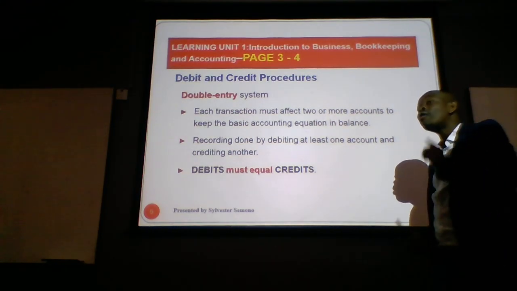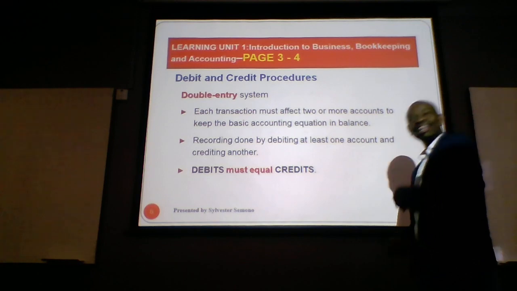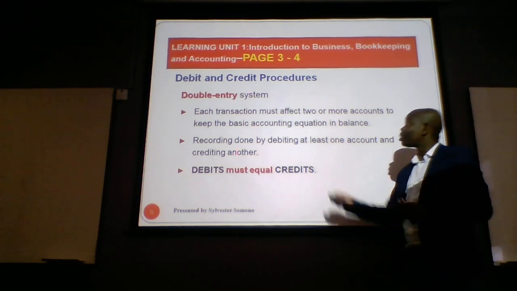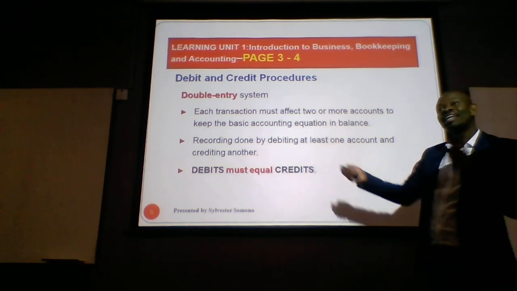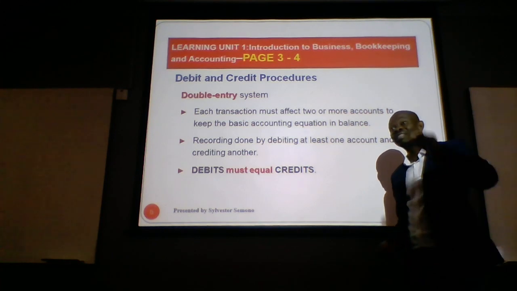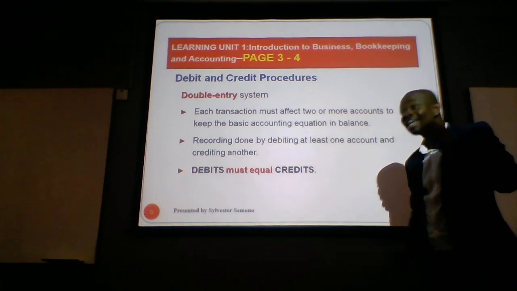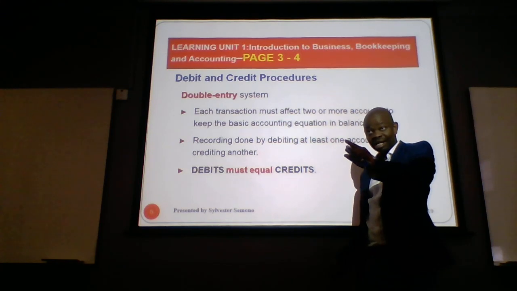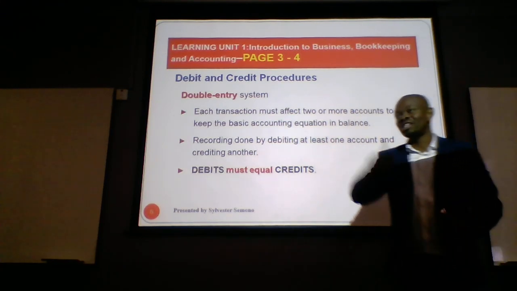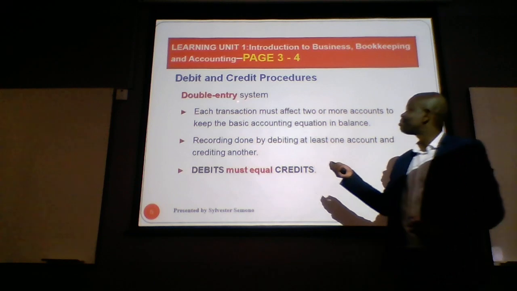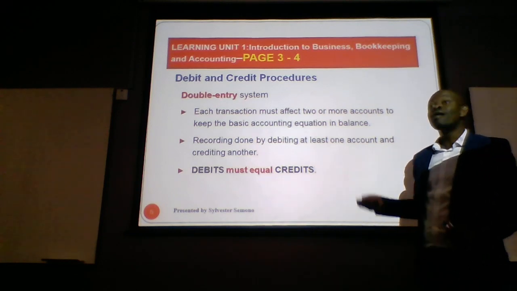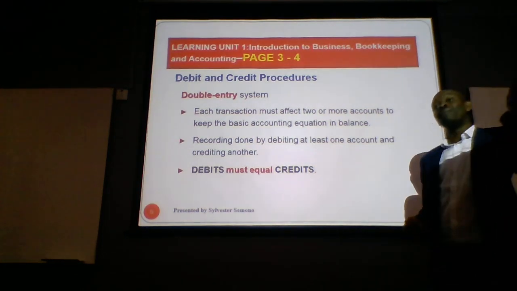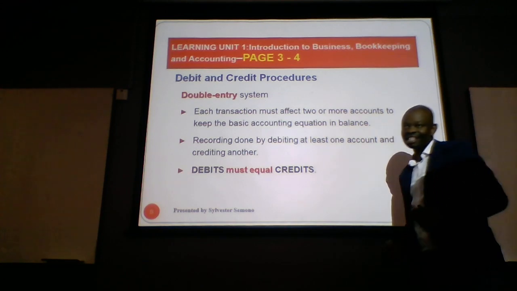So the other account must be debited, and the other account must be credited. In accounting, when you see yourself debiting one account and debiting the other account, it means you made a mistake. You debit one account, you credit the other account. That system is what? For any debit entry, there must be a corresponding credit.